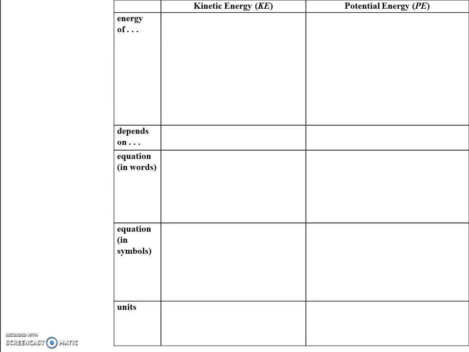Let's talk about kinetic energy first. If I ask you what kinetic energy is the energy of, I'm sure you'd all tell me, of course, it's energy of motion. Objects that are moving have a kinetic form of energy. What does it depend on? Well, you've probably done some problems before in previous science courses, maybe some experiments. Imagine an object that's moving, maybe like a car, that is going to run into something and do some work on it. Maybe they're testing out the crash safety of a car. It's going to run into the barrier.